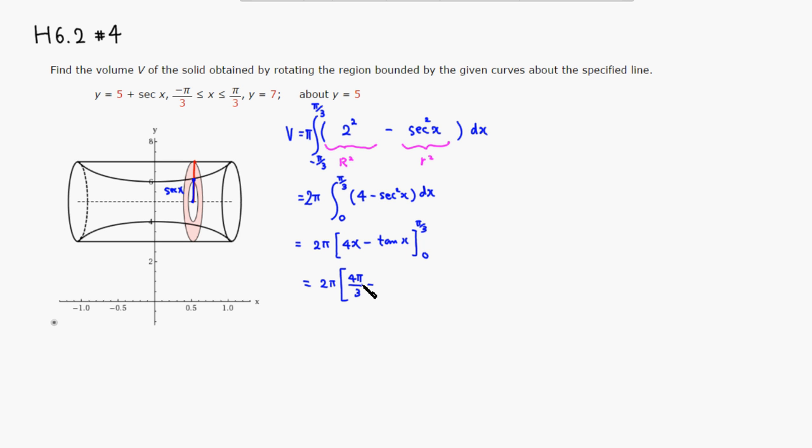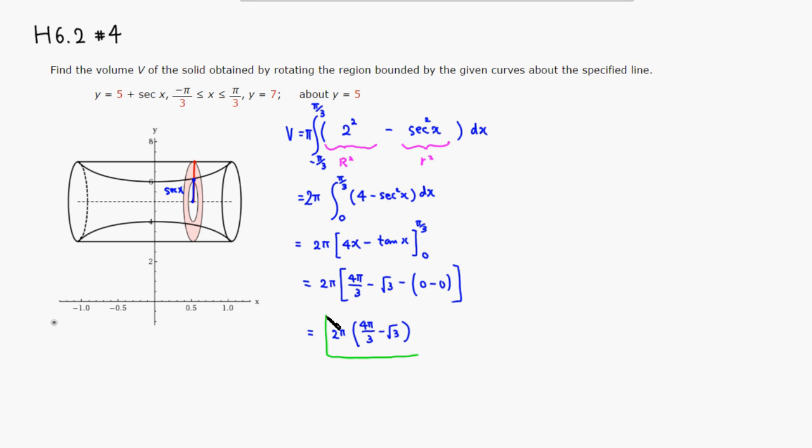Pi over 3 is 60 degrees, and tangent of 60 degrees is square root of 3. Then plug in 0: 4 times 0 is 0, minus tangent of 0, which is 0 as well. So we just get 2 pi times 4 pi over 3 minus square root of 3.